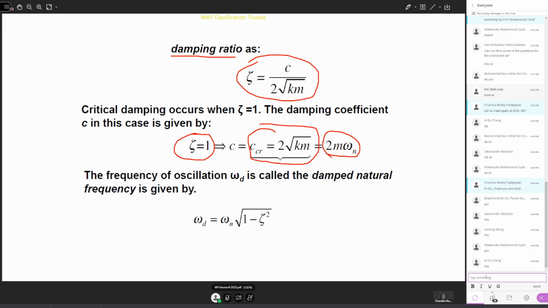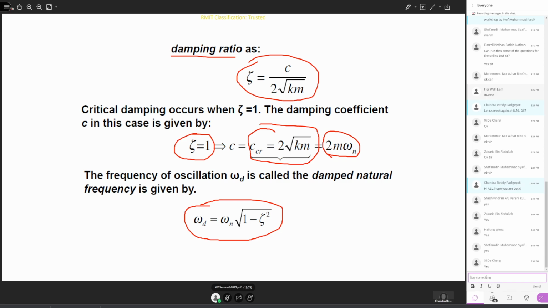So when the damping ratio is less than 1, the system is called underdamped, right? When the system is underdamped, then you can calculate the damped natural frequency of the system, omega d. So for the first question, you will be using this formula also. The damped natural frequency of the system is omega n into square root of 1 minus eta square.